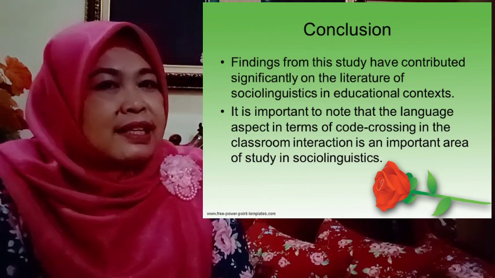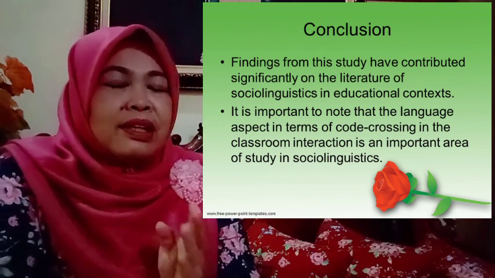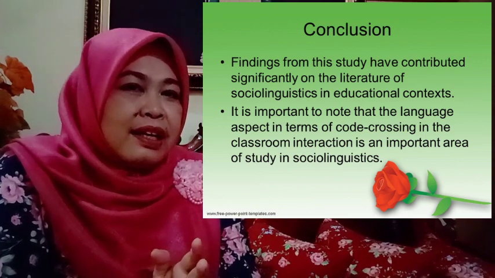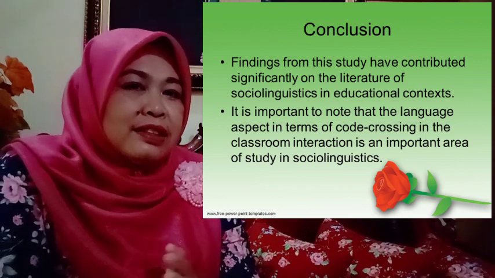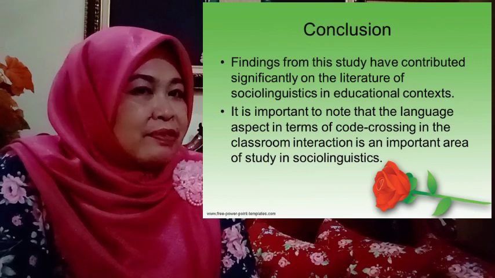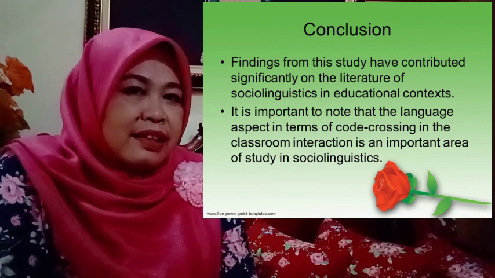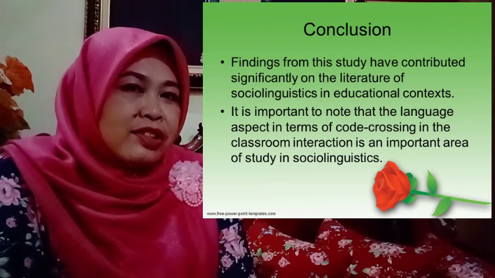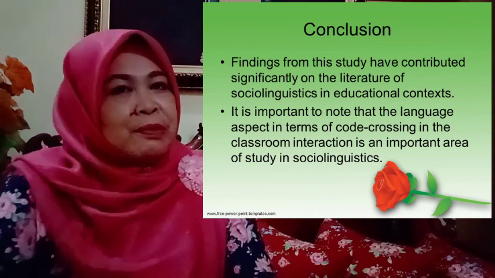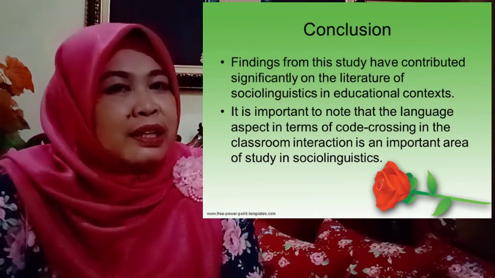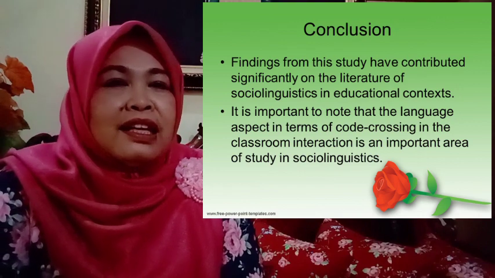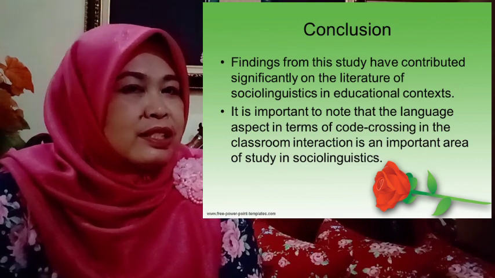There is always a significant relationship between language and power in the communication between teachers and the students. And of course, it can create effective classroom interaction. Findings from this study, of course, will contribute significantly to the study of sociolinguistics in educational context.